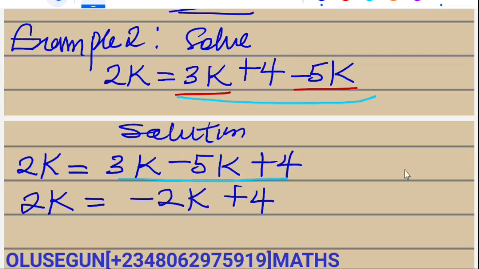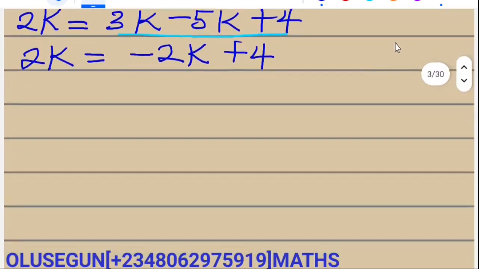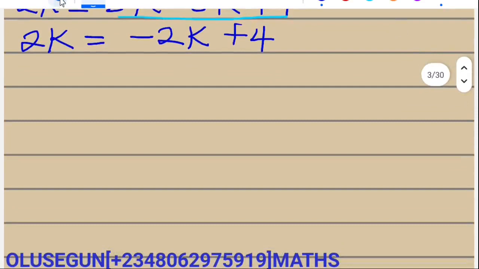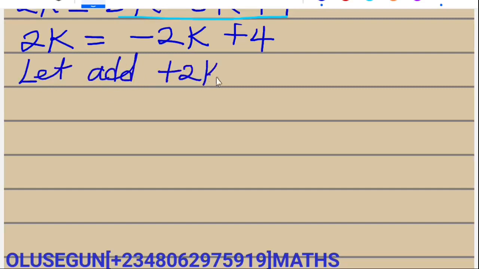There's a method we use in making k the subject of the formula and collecting the like terms. This is minus 2k. Let's now add plus 2k to both sides.